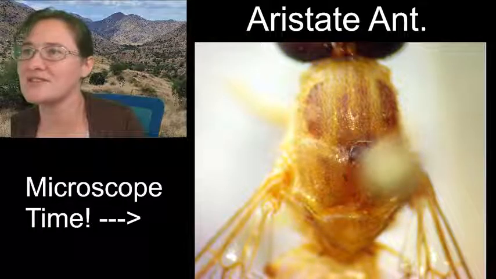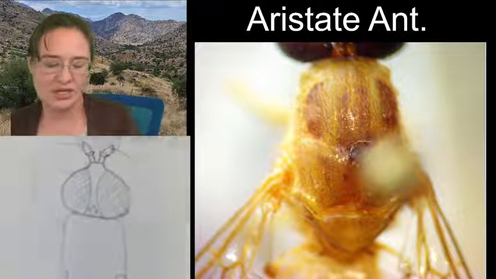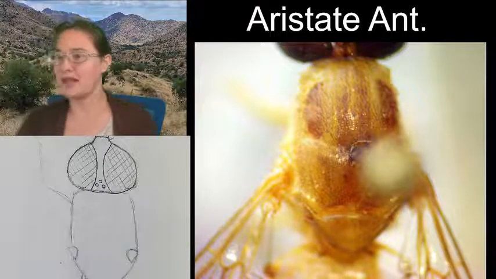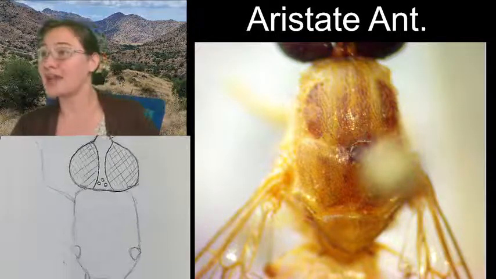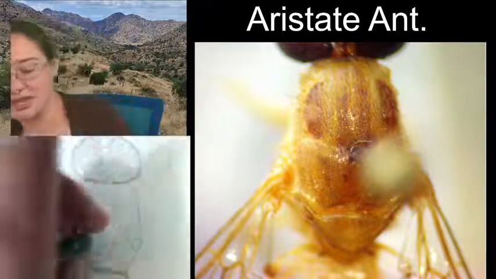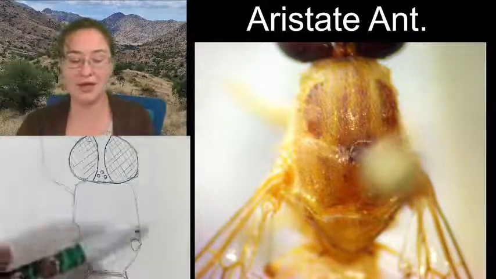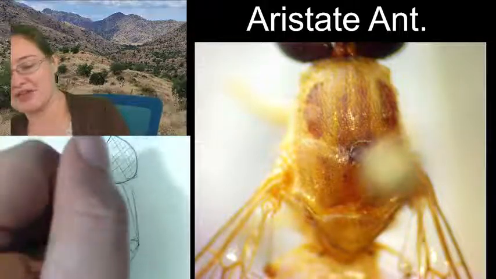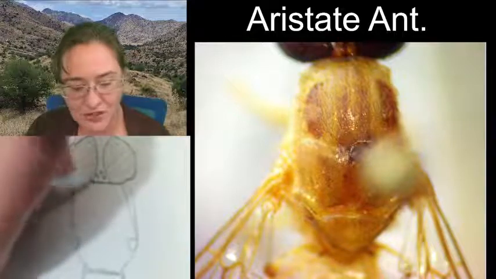So let's go ahead and see what we can sketch before changing our focus one more time. Let's see. From what I'm seeing, where our wings come out, that's going to actually be a little bit wider. This is probably what was making me feel like the head was too large.